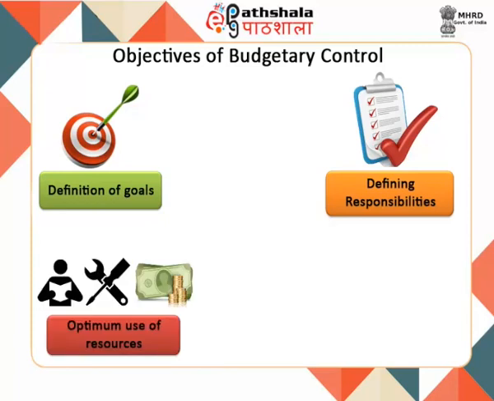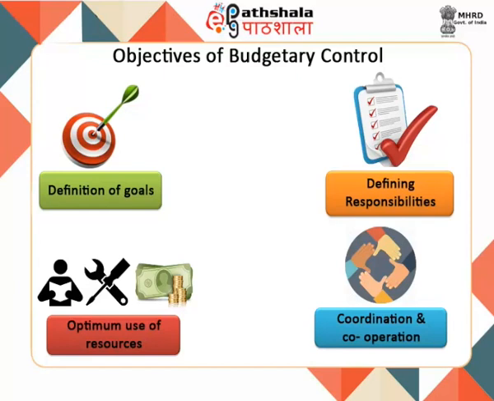Optimum use of resources, meaning to use the human, financial, and material resources in the best possible manner and reducing wastages. Number 4. Coordination and cooperation, which means to integrate different units and departments so that they work with harmony in a unified manner.